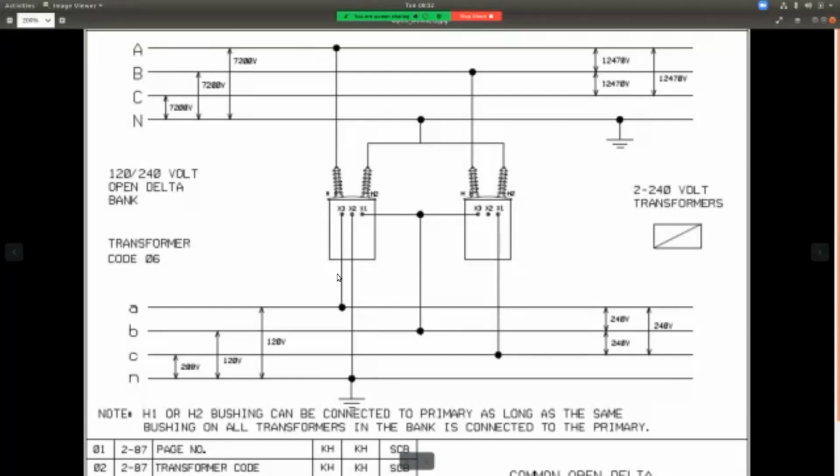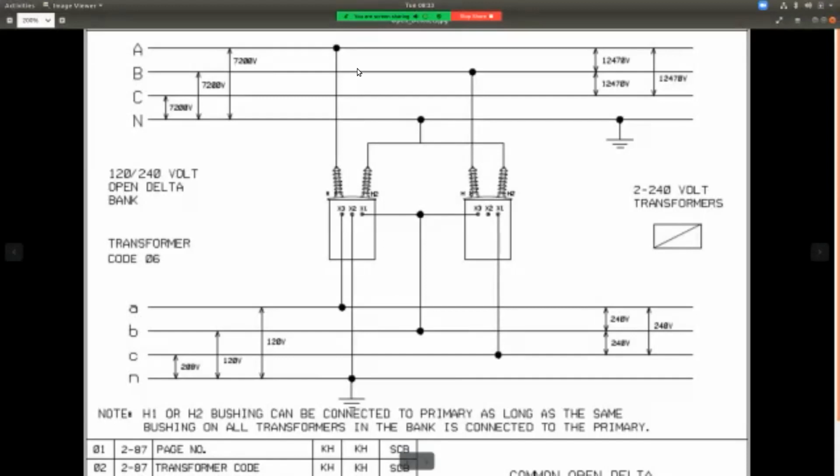X3 goes to where? A. Right. X1 goes to B. And X1 of the next transformer goes to C. So they do it alphabetically, A, B, C. Then X2 comes down to the neutral here. Like I said, we drew in this first to make sure we took care of neutral. So try to keep things in order.